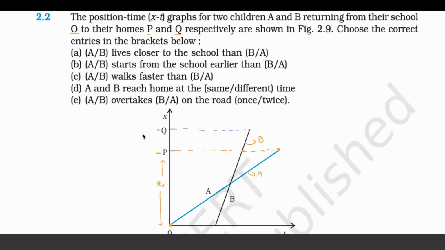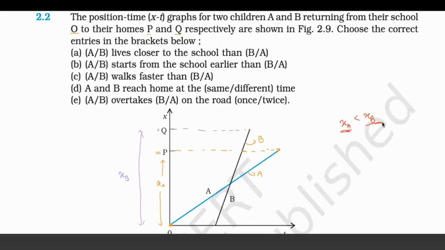So this much is XB, the distance of B's home from school. Now, whose house is closer? You can see over here that XA is lesser than XB, which means A's house is closer to school than B's house. Is this crystal clear?